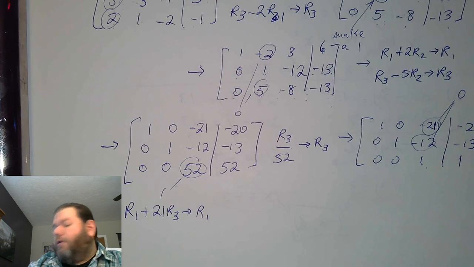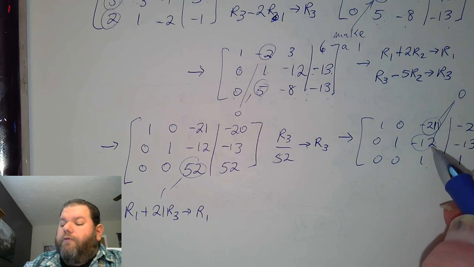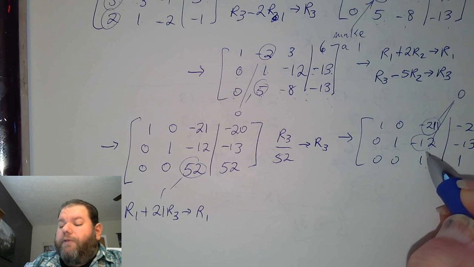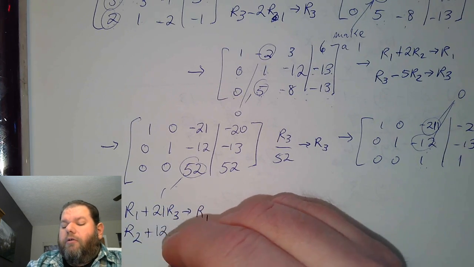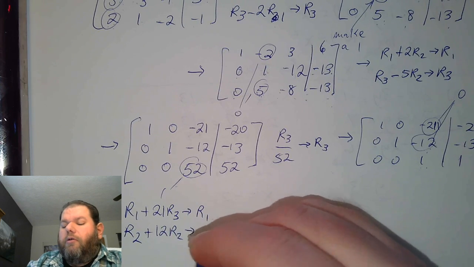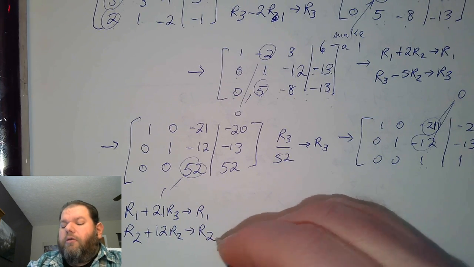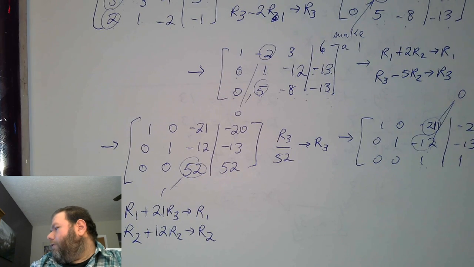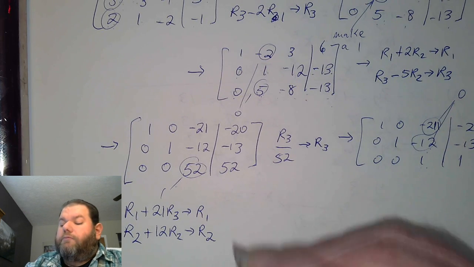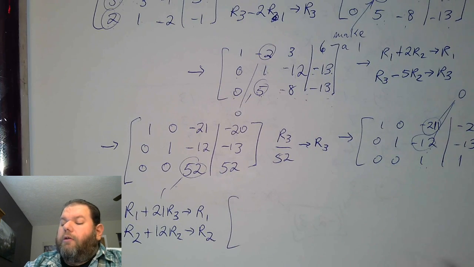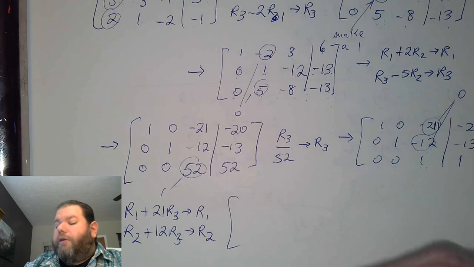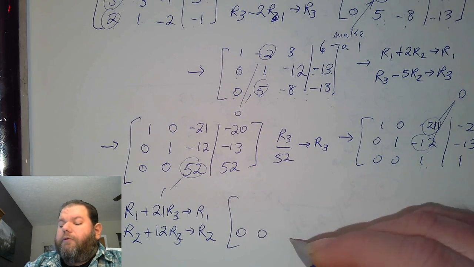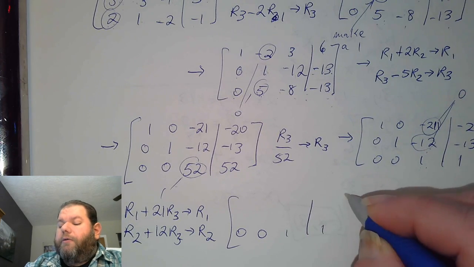And for row 2, we need to add row 3 12 times to cancel out a negative 12. So again, row 3, oops, that's a 3. Row 3 is the only one that we're leaving alone, so 0, 0, 1, and 1.